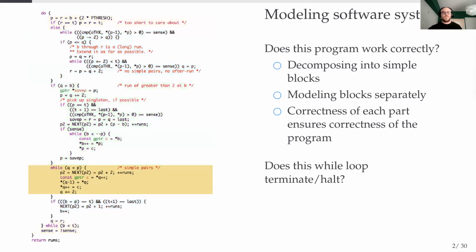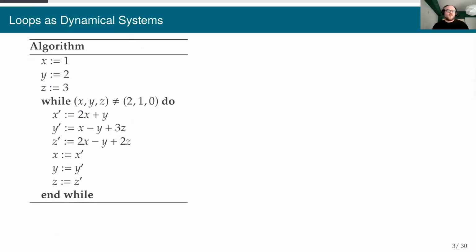So one question you might ask is, does this while loop terminate or halt? That's pretty important in verifying programs. If we consider a loop just over the integers with 3 variables here, you have a first initialization of the variables.